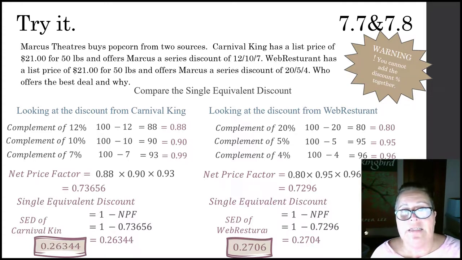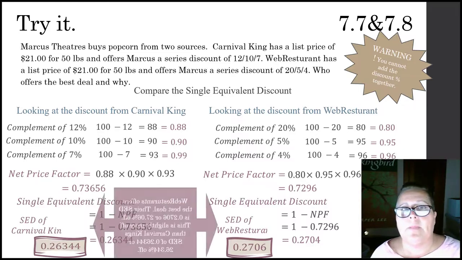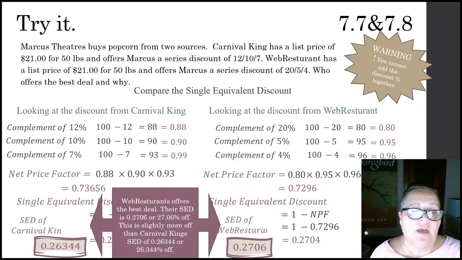If you can't see it as a decimal, try converting them to percents. 0.26344 would be about 26% off of the list price. 0.2704 would be about 27% off of the list price. Based on those two calculations, it appears that Web Restaurant will offer the best deal.